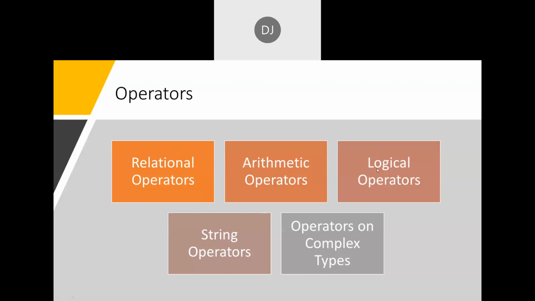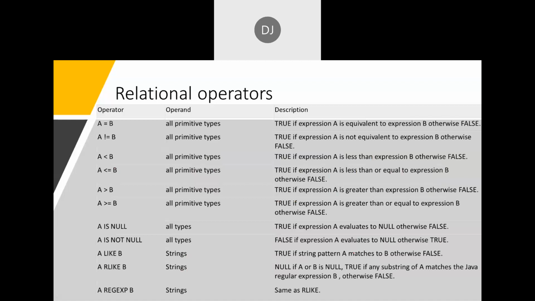All the operators like arithmetic, logical, string operators. String operators are like we find a substring of a string, or we find the length of the string if we wanted to, or we manipulate the string, those things. And operators on the complex types which we saw, like arrays, maps, on those also operators are present.